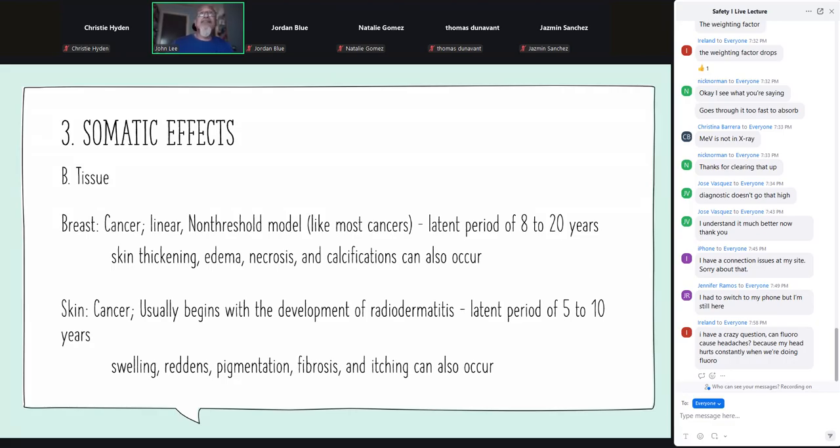Breast cancer is linear, non-threshold. Most of your cancers are going to be non-threshold. That means that anything can cause it. There was a study done about 25 years ago. There was a female, I think she was like 26 years old.